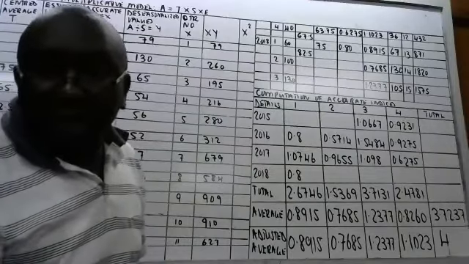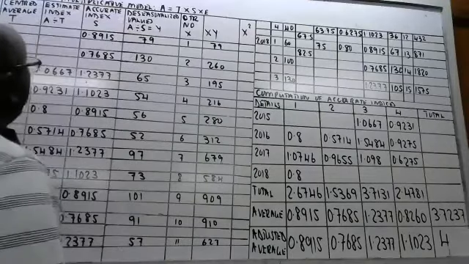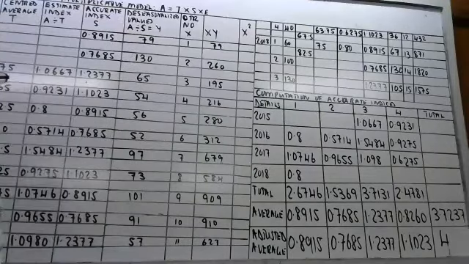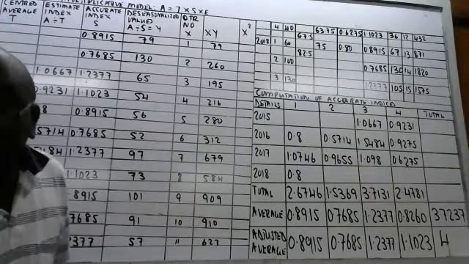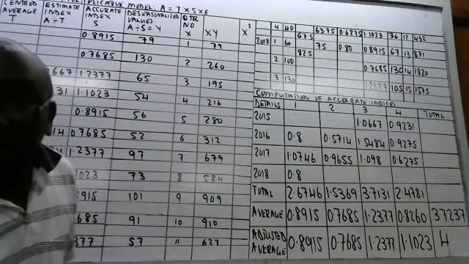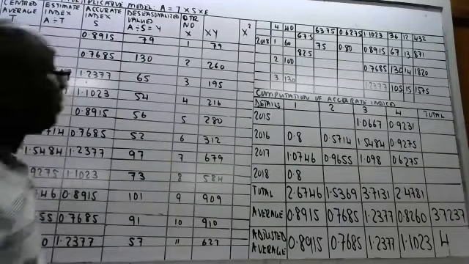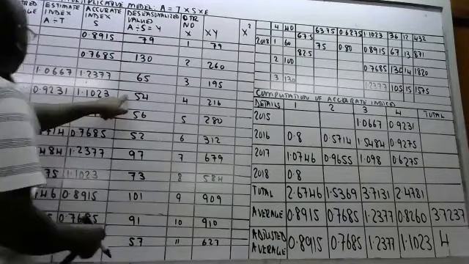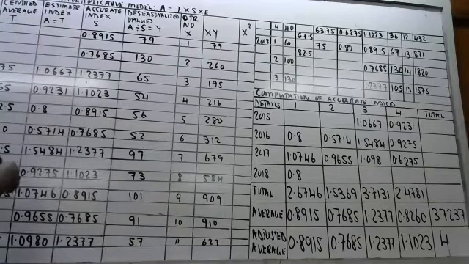The one should be not 55 but 54. Which one? That is the first year, meant to be 55. This one was supposed to be 60 divided by 1.1023.